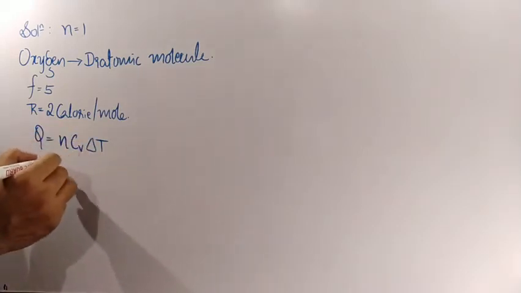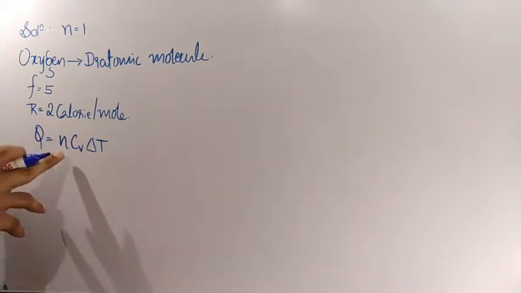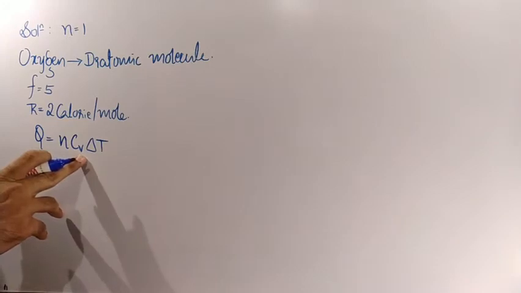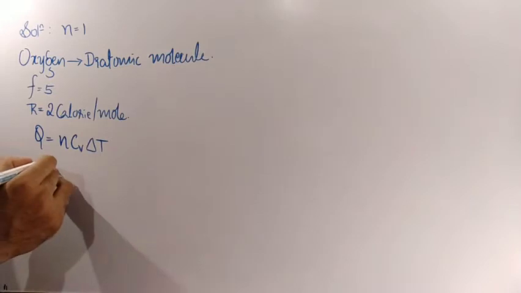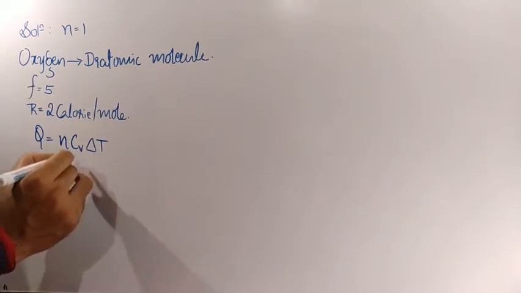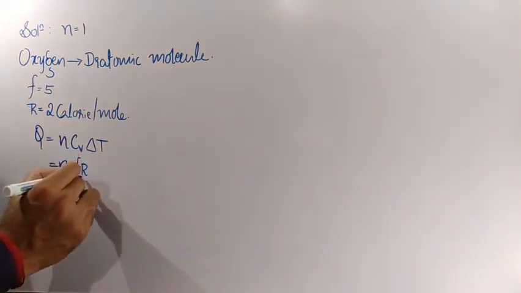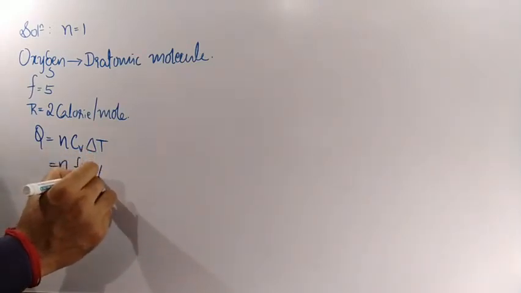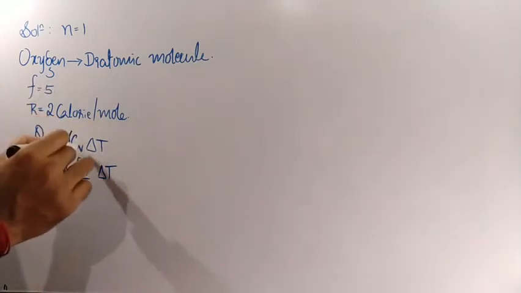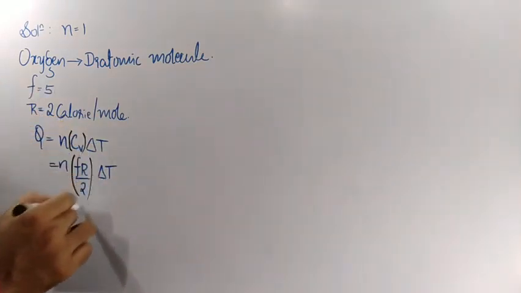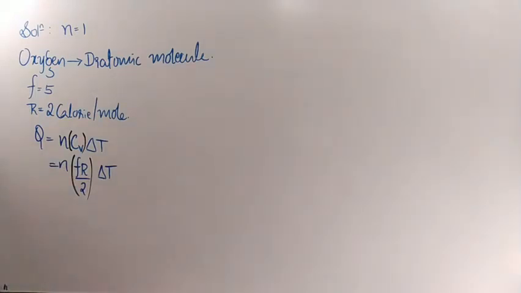Now here, CV value means what? FR by 2. Clear? So shall we substitute? N CV is nothing but FR divided by 2, this is delta T. CV is nothing but FR by 2. Clear? Now substitute the values.